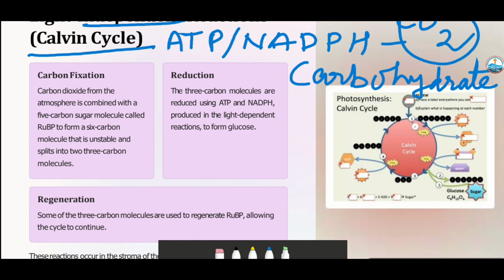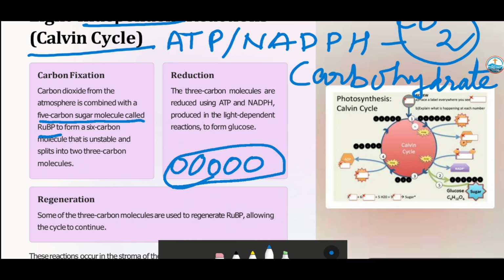The carbon dioxide absorbed from the atmosphere is combined with a five carbon sugar molecule, which is RuBP. You can see here 1 2 3 4 5. This 6 carbon molecule is unstable, so it splits into 2, forming 3 carbon molecules.